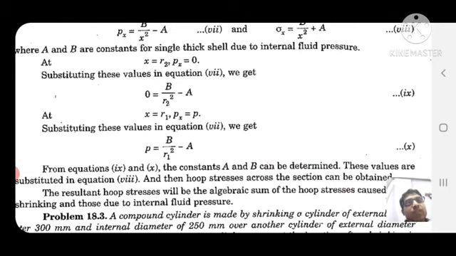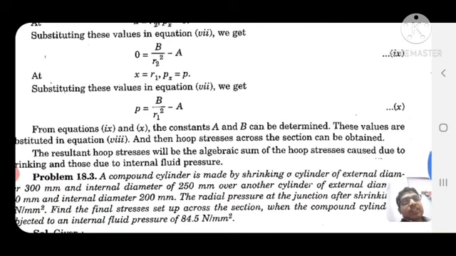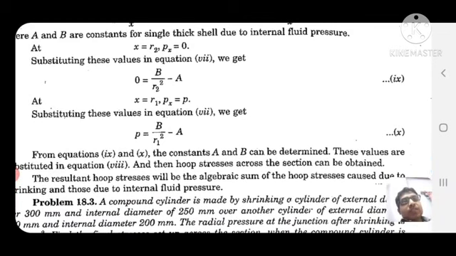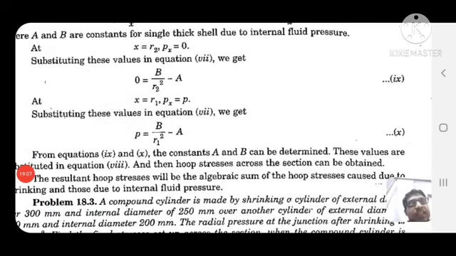At x equal to R2, Px equal to 0. Substituting these values, 0 equal to B by R2 square minus A. At x equal to R1, Px equal to P. So substituting these values in the equation, we get P equal to B by R1 square minus A. So from these equations, the constants A and B can be determined.